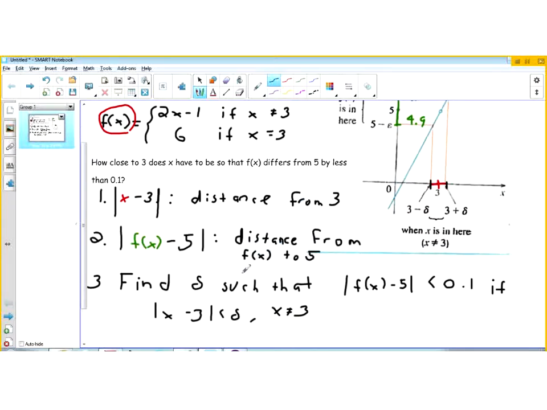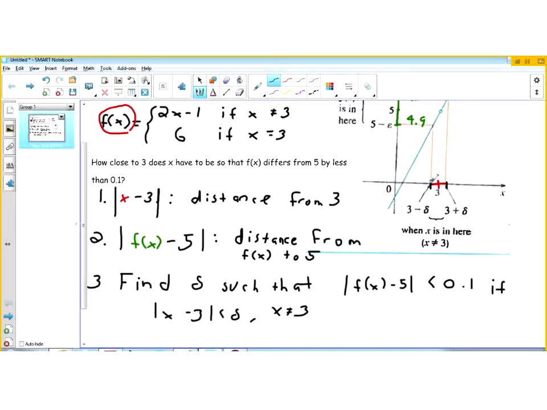And so my delta is the cap, an upper bound, a limit value which tells me what values of x I have a choice of selecting.